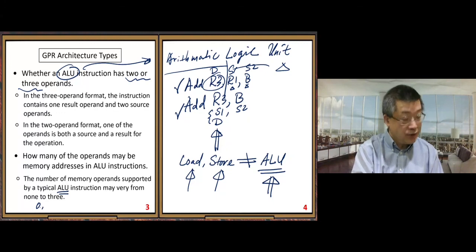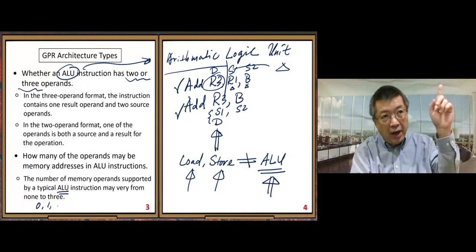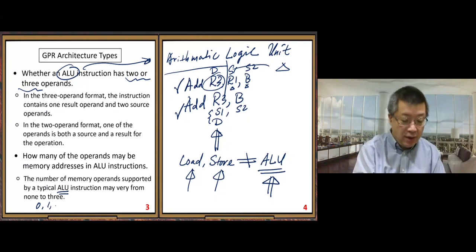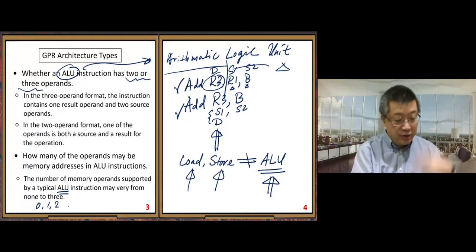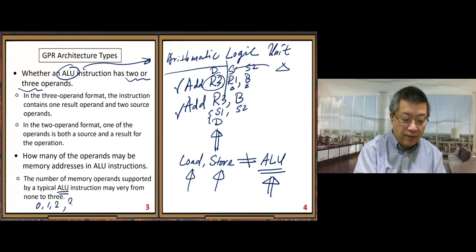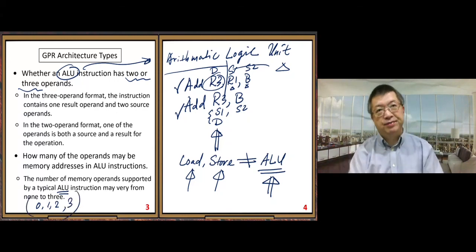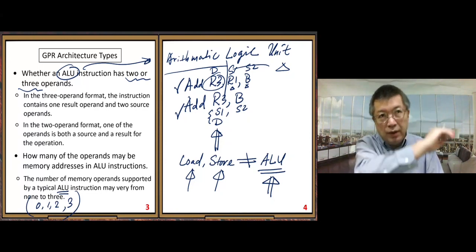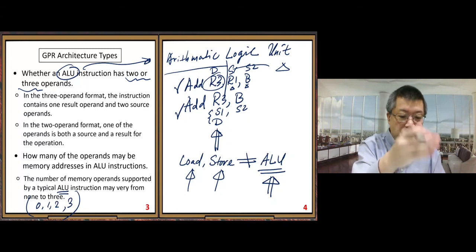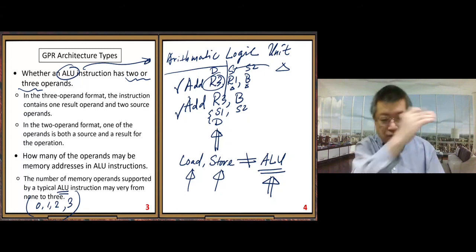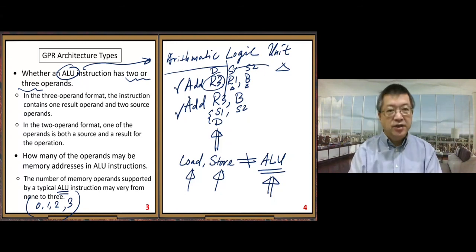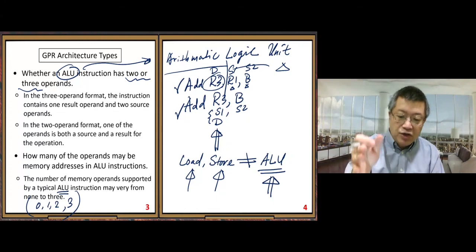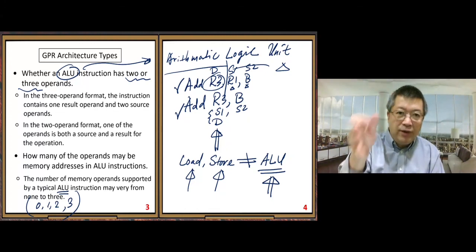Then you have the 1 case, where only 1 operand can access memory, the 2 case, 2 operands, up to 3. Those are the possibilities for all the possible GPR architectures. All right, so let us finish C.1 here.